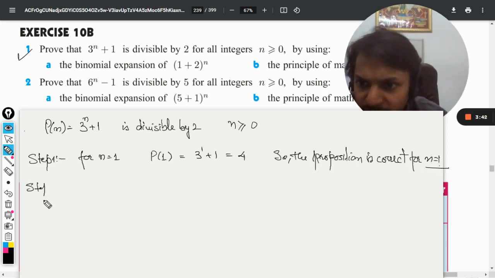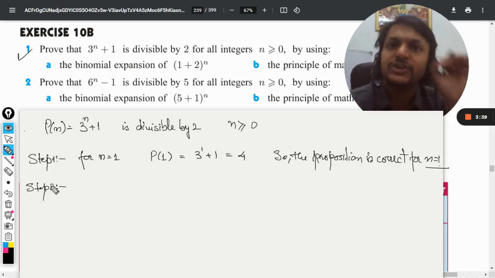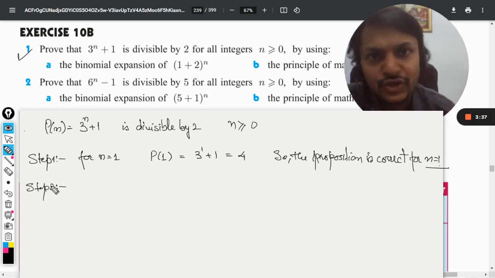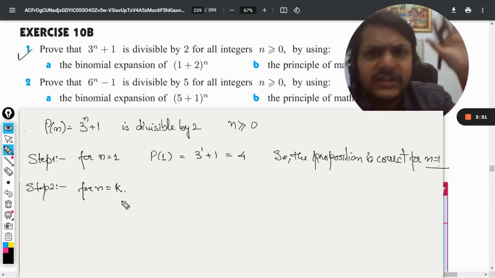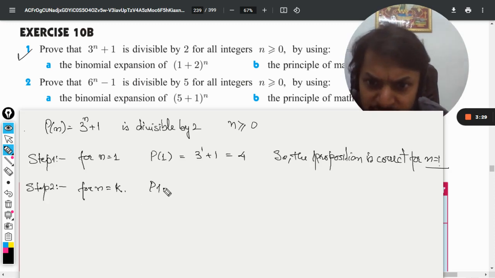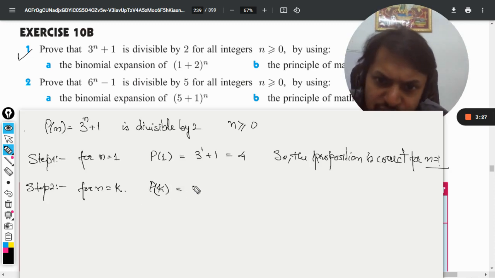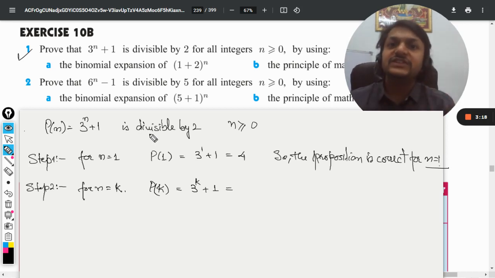Now, we are moving to step number 2. Step number 2 is an assumption. What is this assumption? We will say that for n is equal to k, we just assume that it is right. Now, we don't know whether it will be right or not. We just assume that 3 raised to power k plus 1 is divisible by 2.